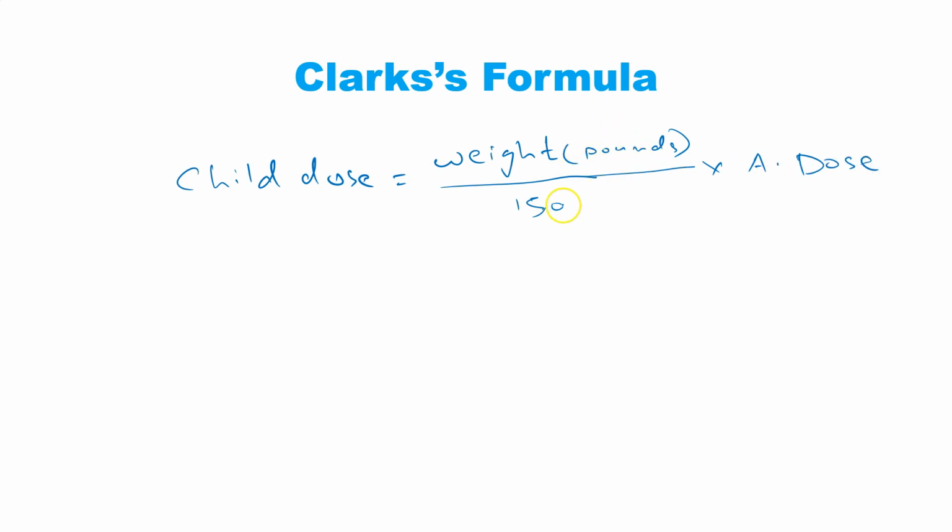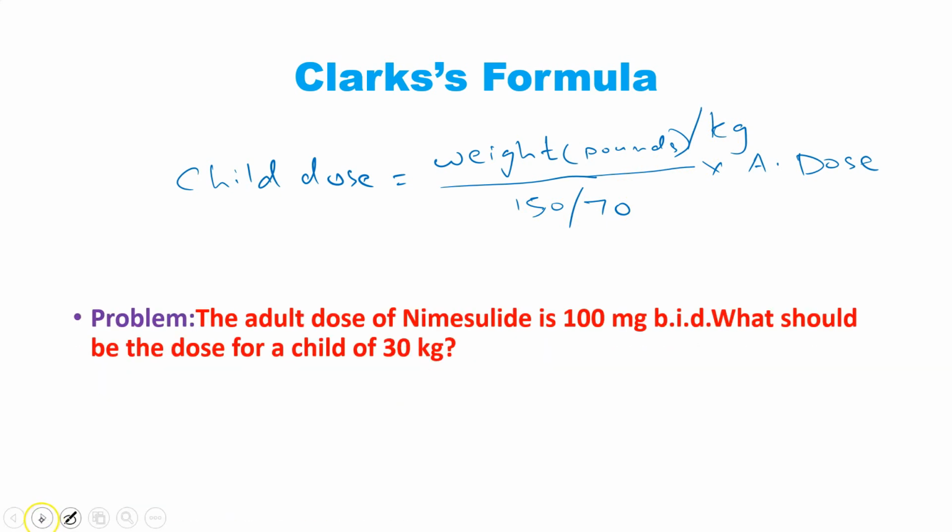And if it is in kgs, then here it should be 70. So remember that if weight is given in pounds, you divide by 150. If it is in kg, you divide by 70. Now we will see one problem. The adult dose of nimesulide is 100 mg BID. What should be the dose of a child of 30 kg?